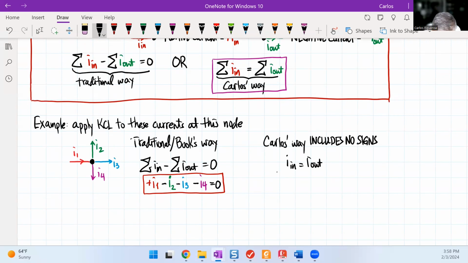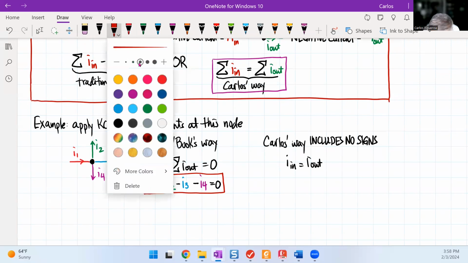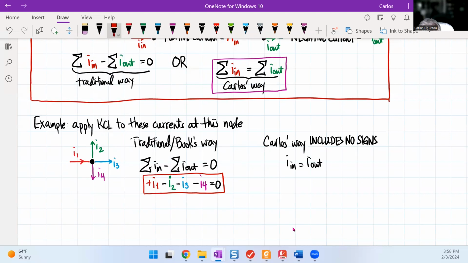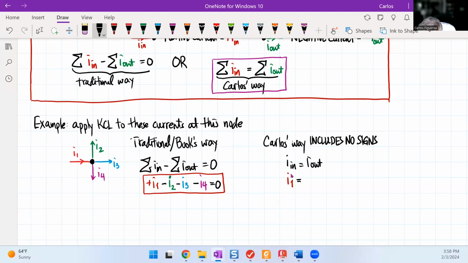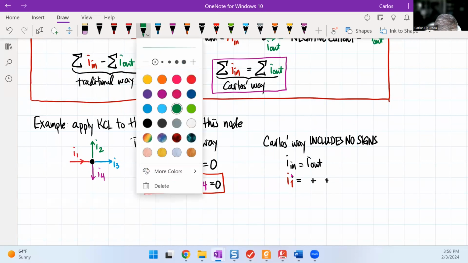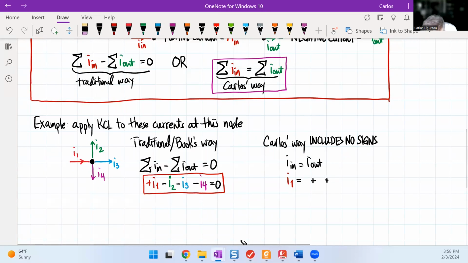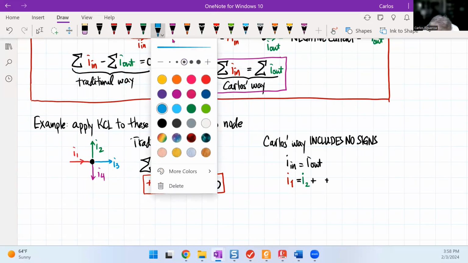So now when I look at this thing, here's what I see. I see that immediately I have current 1 coming in. And because I have current 1 coming in, I now come in and without looking at the signs, I now start to add these guys. So here I go. This is going to be the current 2. This is going to be the current 3.